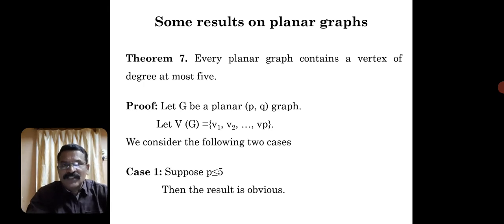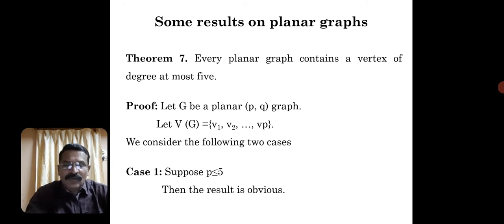Of course, K5 is non-planar, but even if you consider K5, in K5 the degree of every vertex is 4. It implies you will get degree 4 only. All vertices are of degree 4 only. Though it is non-planar, we are not considering that one.